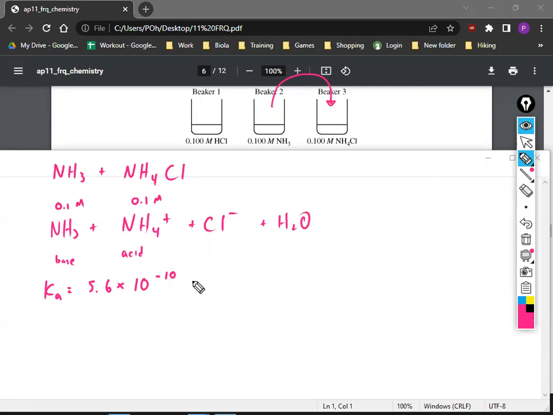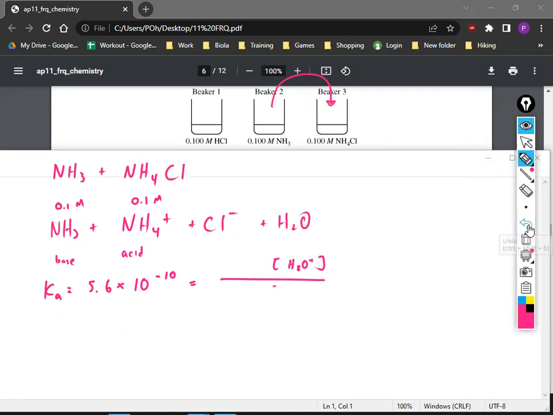If we look at the Ka expression from earlier, NH3 times your acid divided by NH4 plus, we can assume that these two are equal because it's 0.1 and 0.1. So these actually cancel out, and we get the concentration of H3O plus, and that's going to be your Ka. Does that make sense?